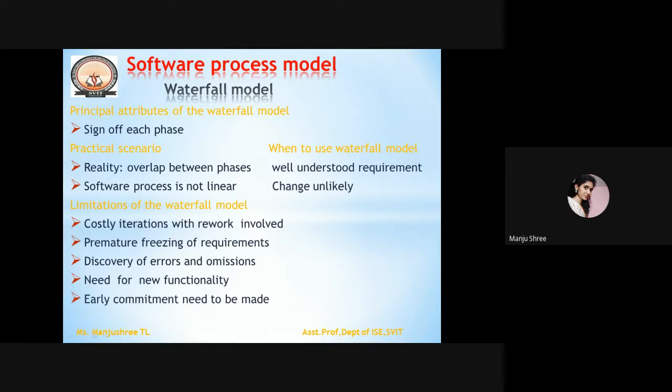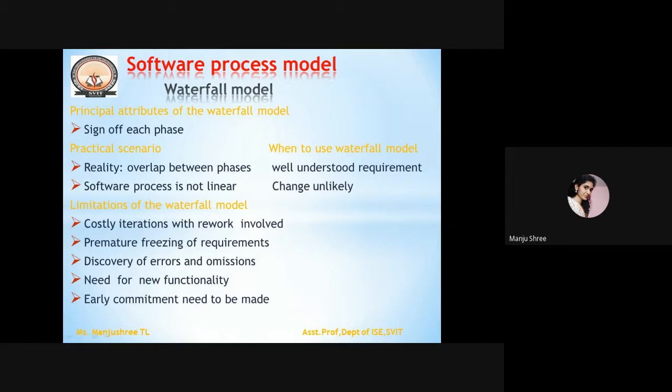One thing about when you can use the waterfall model: requirements must be well understood before you start applying it. You should know the requirements for the proper development of the software, and then only you can use the waterfall model, and change is unlikely.